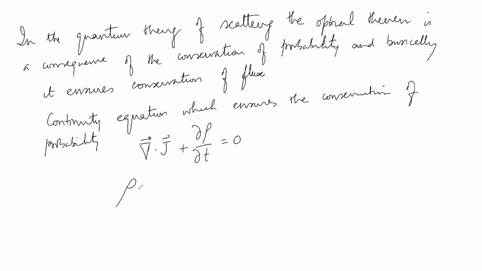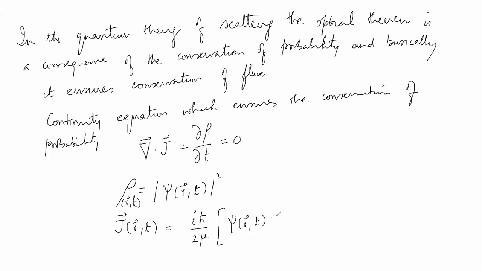Now, in quantum mechanics, we know that what is this rho? This rho is |psi(r,t)| squared. What is J? Current density. This is also a function of r and t. This is equal to i h-bar upon 2 mu times psi(r,t) del psi star(r,t) minus psi star(r,t) del psi(r,t).